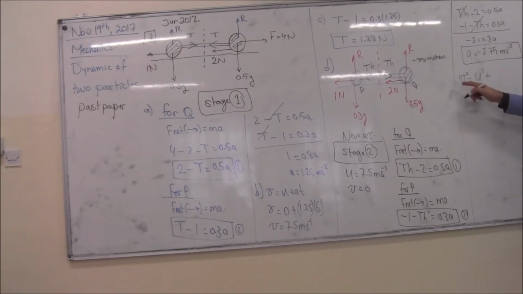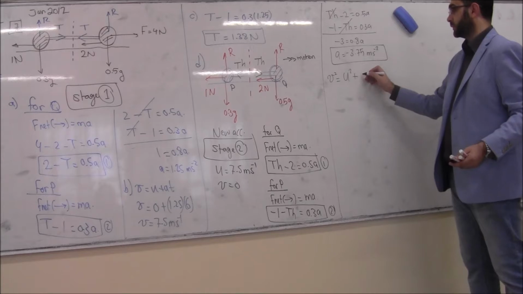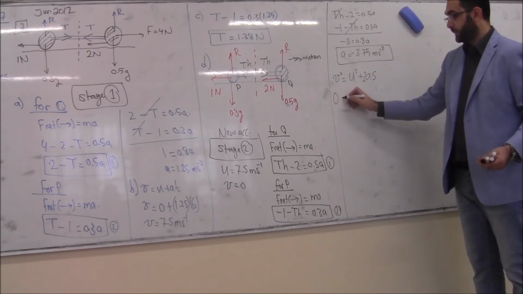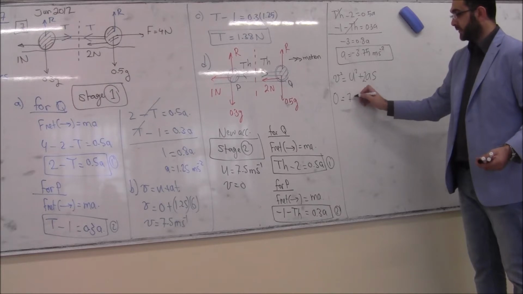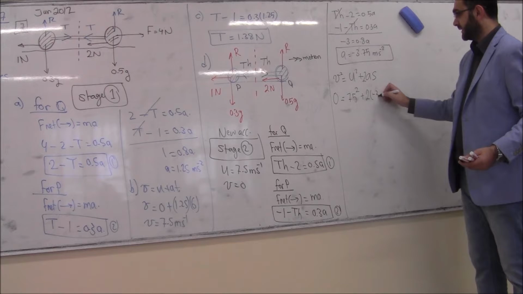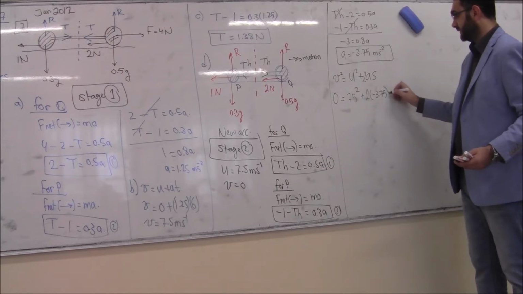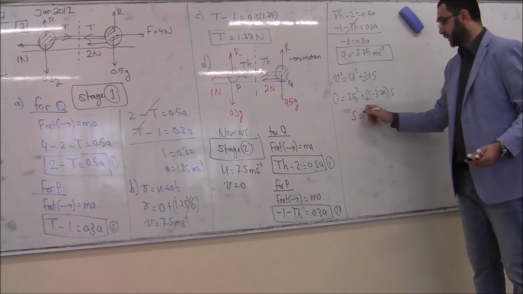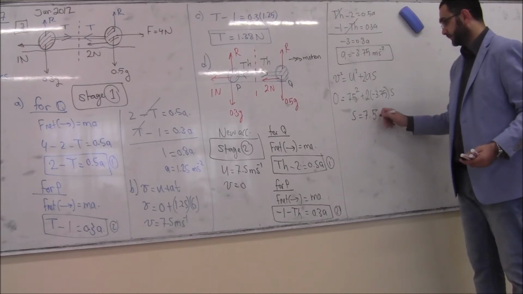So by using this equation, we can find the displacement. V squared equals U squared plus 2AS. V is 0, U is 7.5, so 0 equals 7.5 squared plus 2 times minus 3.75 times S. S equals 7.5.